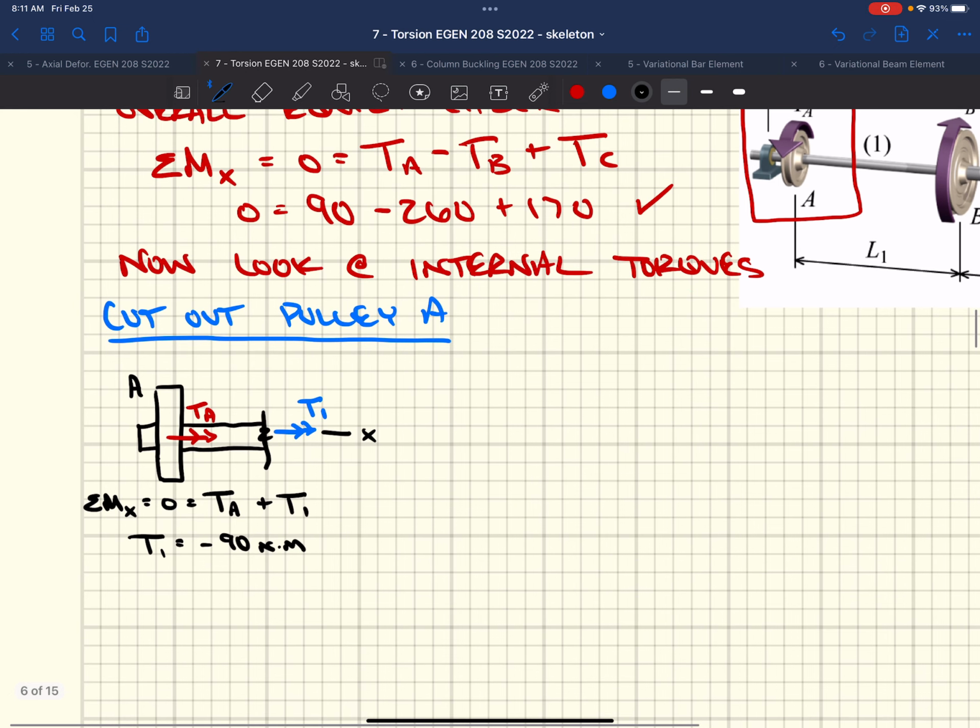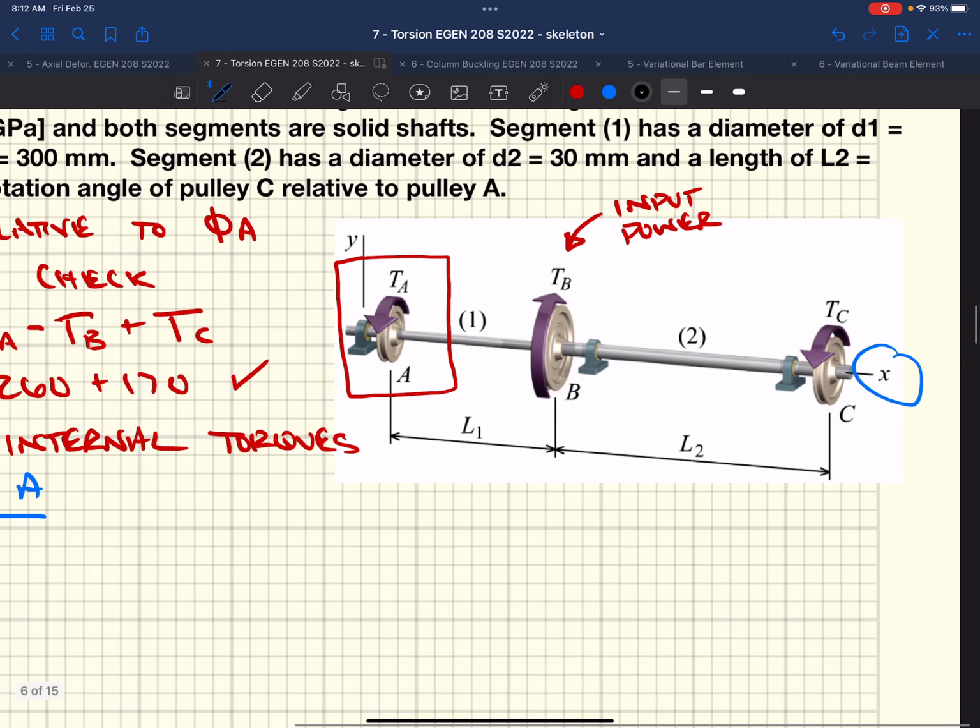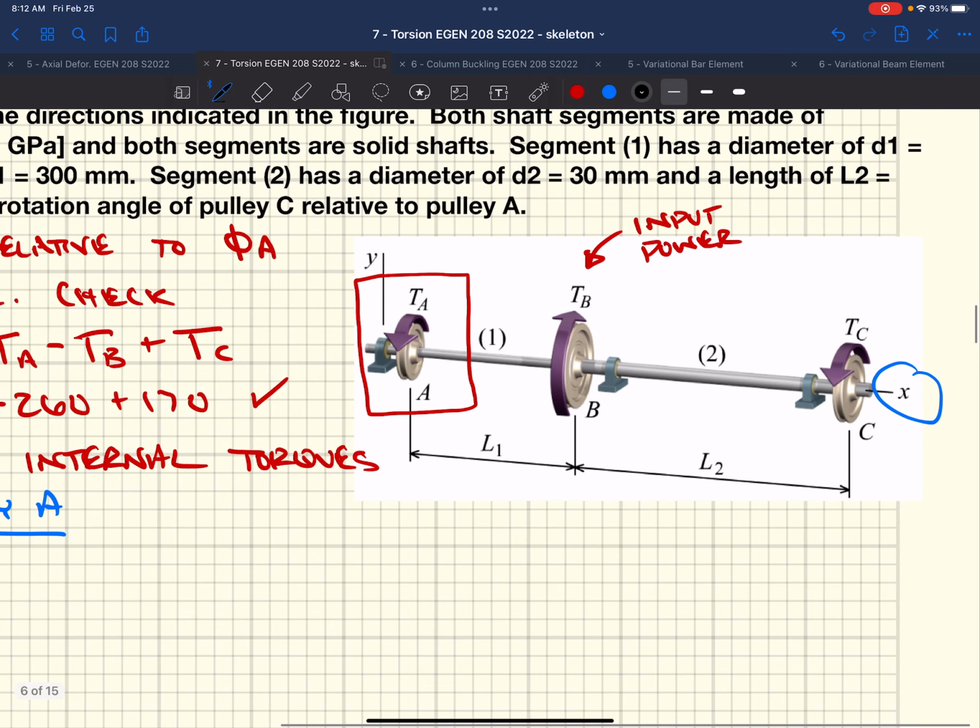Well, now that we know T1, we're also going to want to know what T2 is, right? I'm going to do the exact same thing except on the opposite side of my assembly. I'm just going to cut out a free body, right? You could, if you wanted to, for segment 2, have cut out all the way to there.